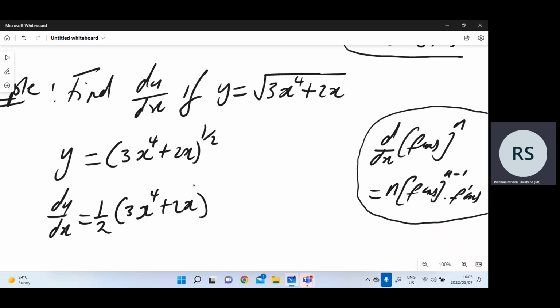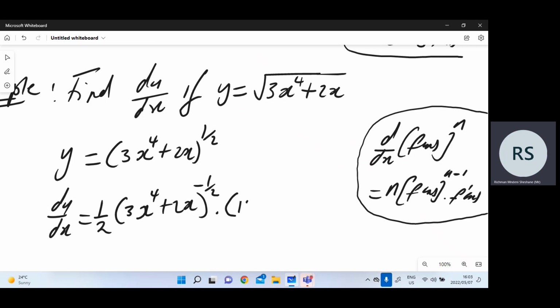Half minus 1 is minus half. And then times the derivative of what is inside. So the derivative of what is inside, always remember brackets.